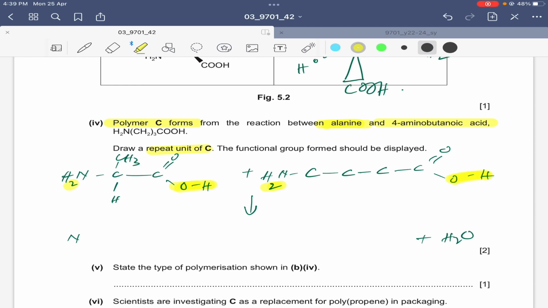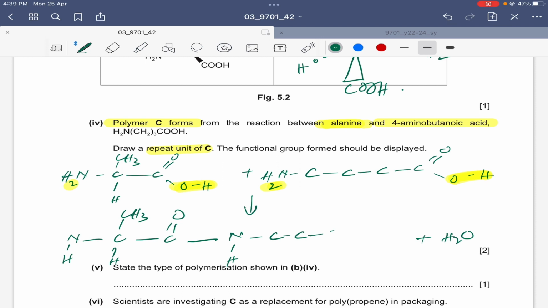So we are left with NH, CH, CH3, C double bond O, N, H, 1, 2, 3, 4. Right, so this is the structure of polymer C, which forms from the reaction between alanine and 4-aminobutanoic acid. This is the condensation polymer. So we have drawn a repeat unit from when one alanine and one 4-aminobutanoic acid react with each other.